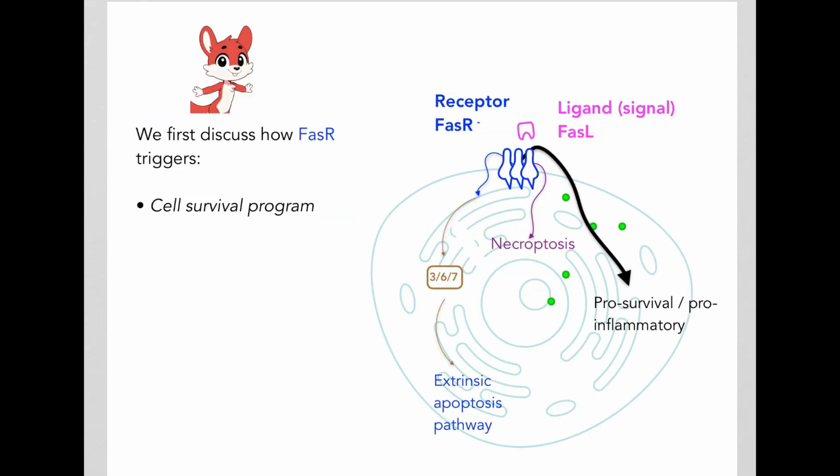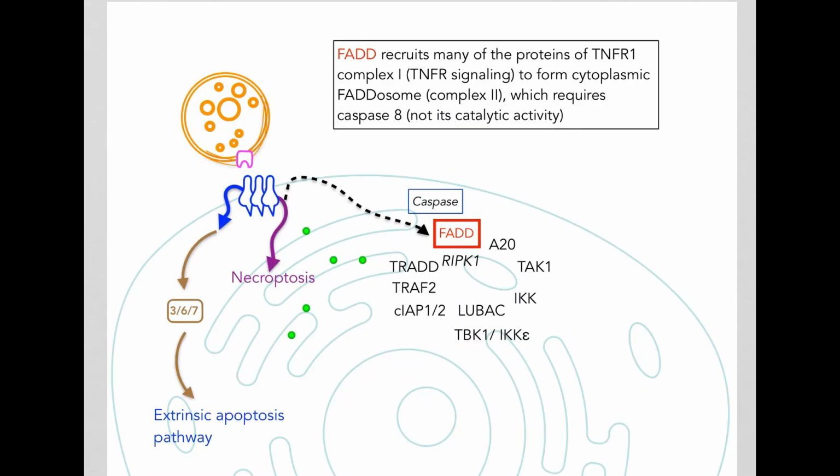Now let's see how the Fas-R signaling triggers the pro-survival, pro-inflammatory program. So if apoptosis doesn't happen and necroptosis doesn't happen, the Fas receptor signaling can lead to the pro-survival program.